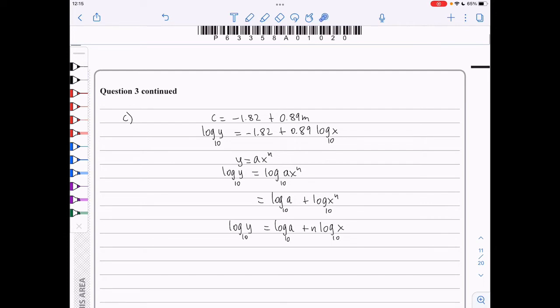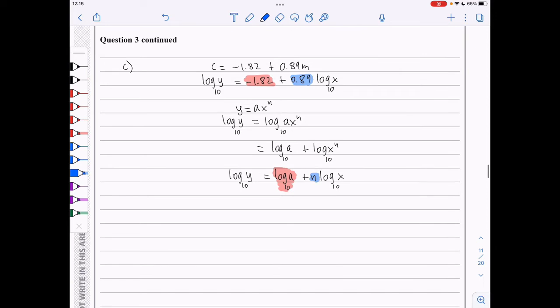And if I compare and contrast these two, it's easy to see that the minus 1.82 is the log of a and the 0.89 is the n. So minus 1.82 is log a base 10 and 0.89 is n.